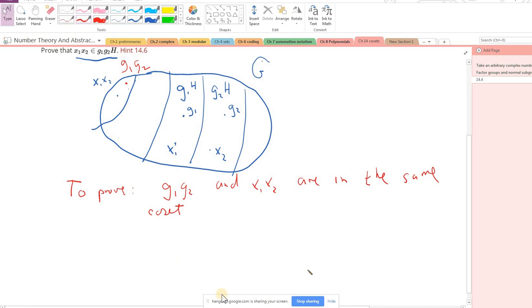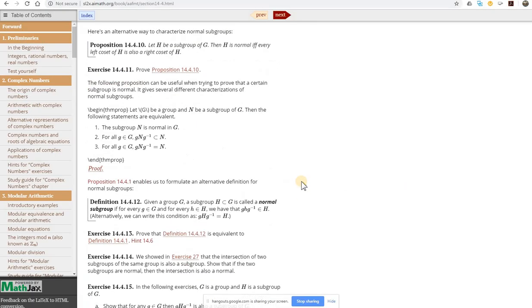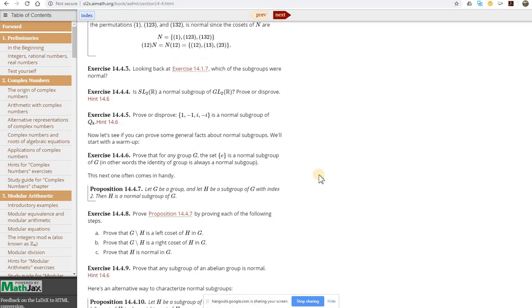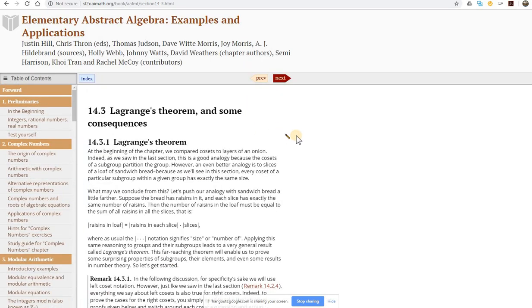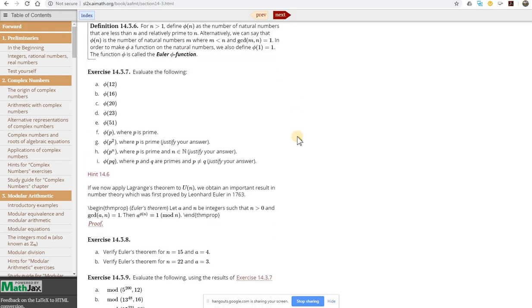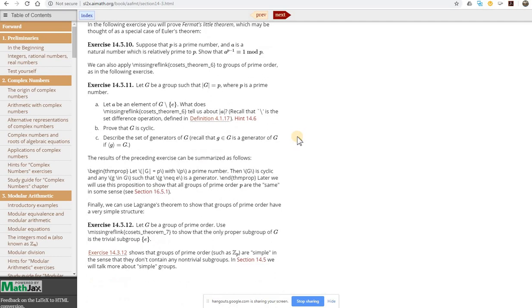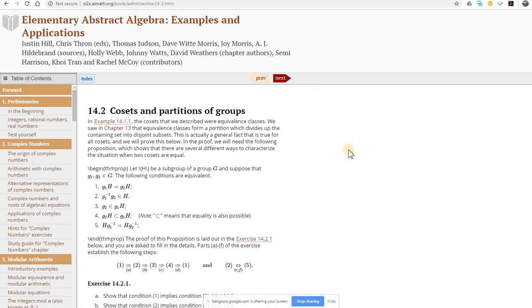There's several conditions that were equivalent when things were in the same coset. I don't remember exactly where that was. There's a whole list of things that were equivalent when things are in the same coset. Must be back in the previous section. Or is it the section before? Anybody remember where that is? If you want two things to be in the same coset, all of these are equivalent.